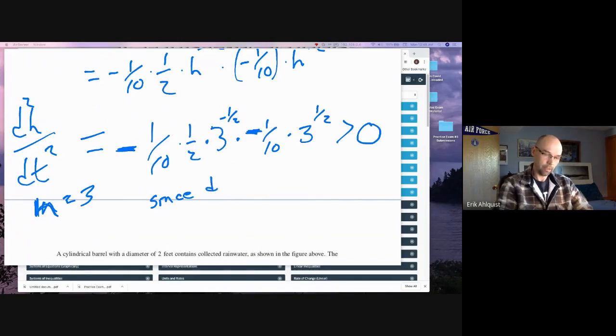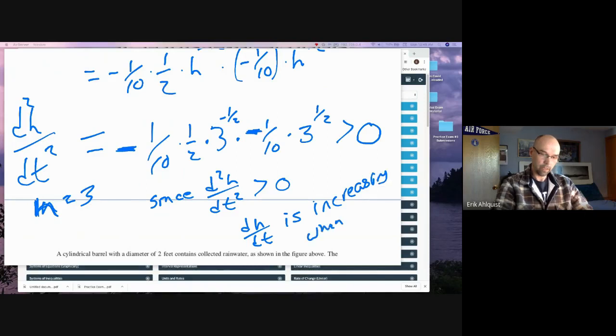since the rate of change of the height, the second derivative of the height, is greater than 0, dh/dt is increasing when h is equal to 3.